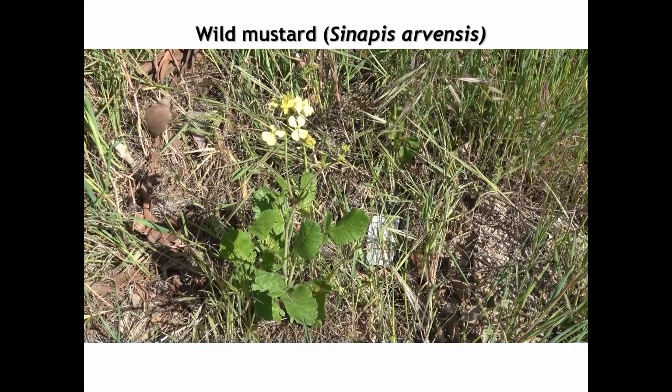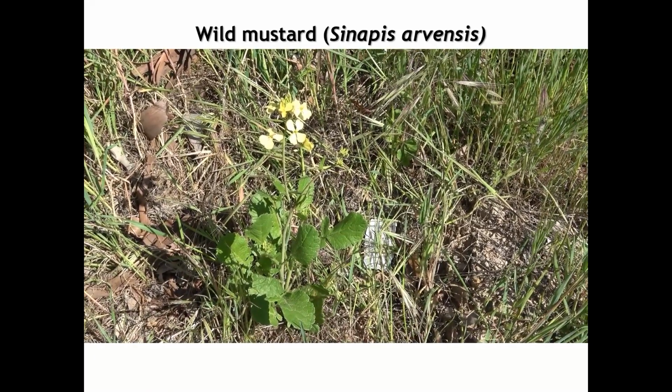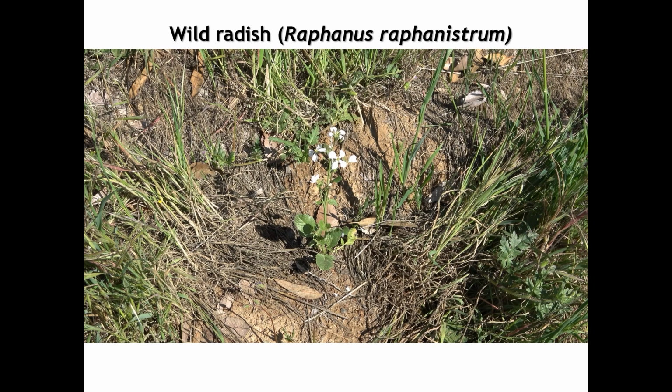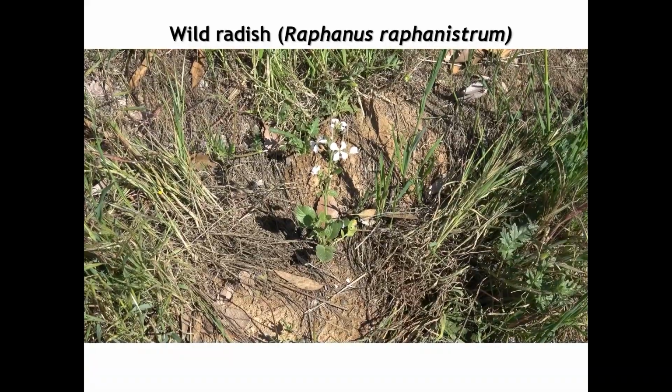You'll see another plant in a moment which looks similar but has slightly different colored flowers, and I'm referring to wild radish, which looks very similar to wild mustard. Let me zoom in to the plant and show you the flowers.